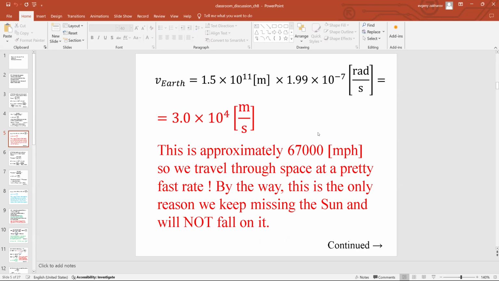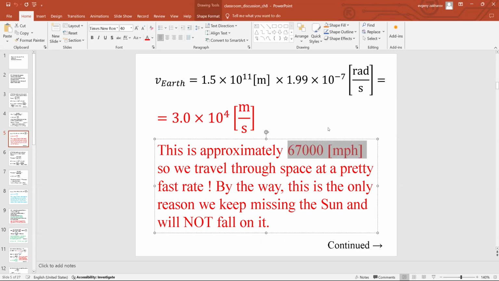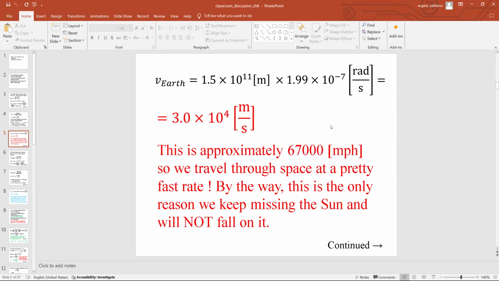And don't forget that it's free falling, and everything is free falling in this world. So it's only because we move so fast in our orbit with respect to the sun that we keep on missing the sun. If we slow down from the 67,000 miles per hour, we will fall into the sun. Thanks to conservation of angular momentum, this is not going to happen unless a super duper huge object hits the Earth and slows it down.